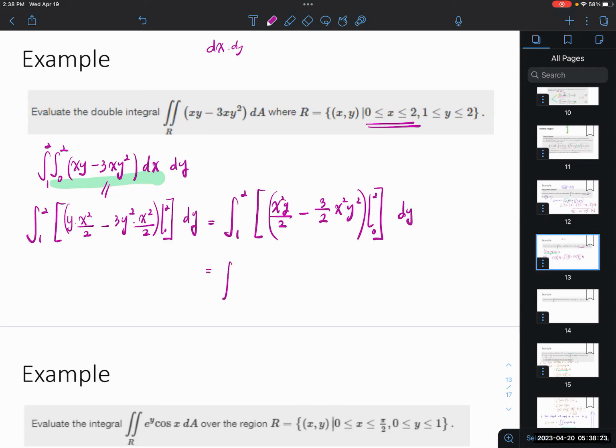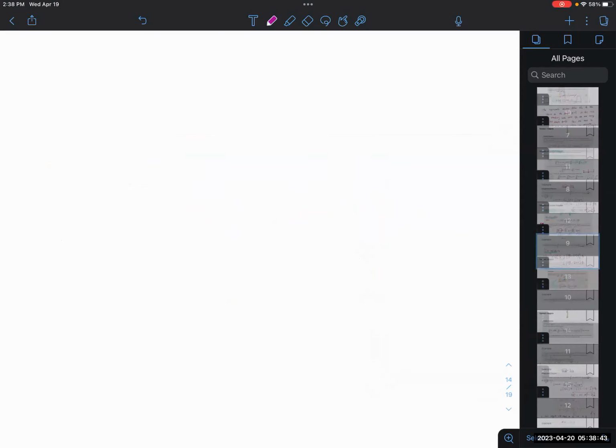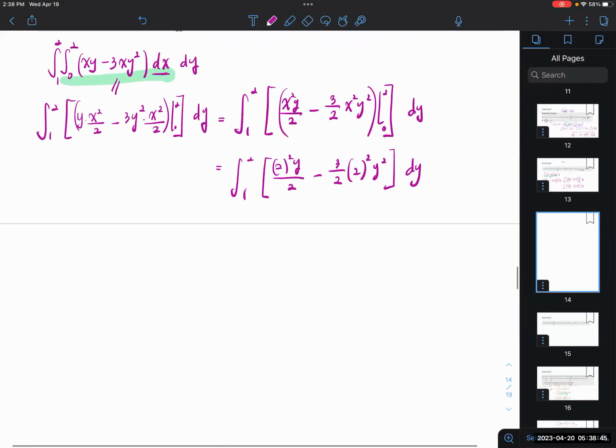Okay, keep on going. We're going to plug in 2 into the x because we took the integral with respect to x. So 2 to the second y over 2, minus 3 over 2, 2 to the second, y to the second. And then we know the 0 is going to be 0. So I'm going to make a space so that it's going to be, 2 and 2 cancel, 4 divided by 2, 2y.